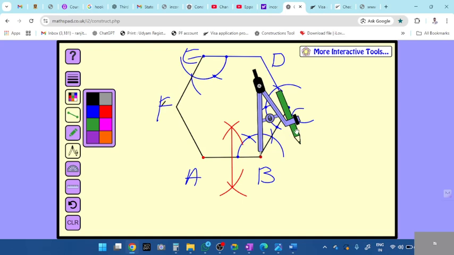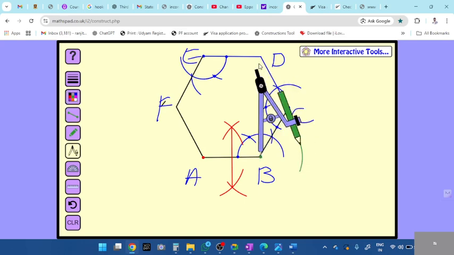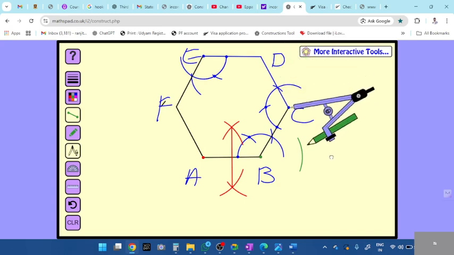Done. Shall we draw one more? Perpendicular bisector B to C, students. Use the same measurement. Don't change the measurement. Remember that, you won't get the value properly. Use the same measurement. Cut another arc, 2 arcs. Join these two lines.